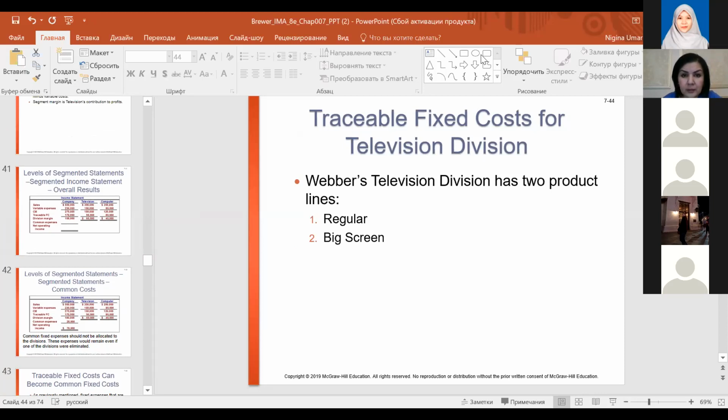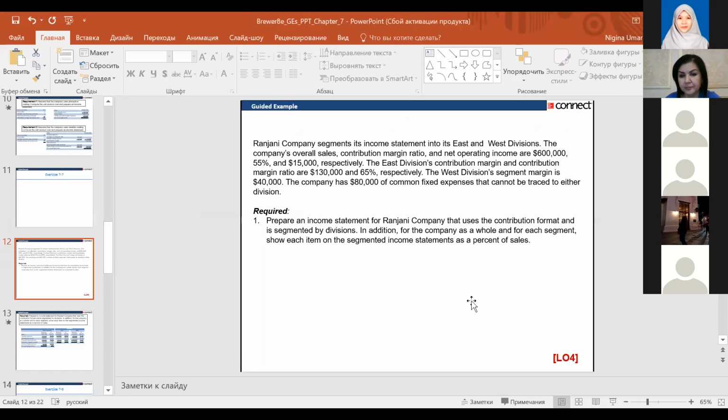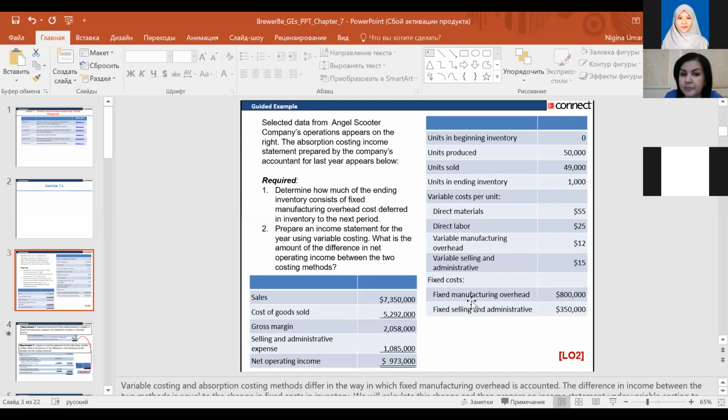Let's now look at, I will open another demonstration. How to calculate it?